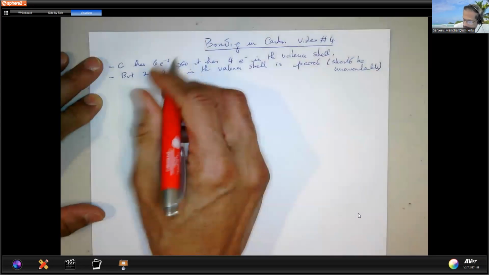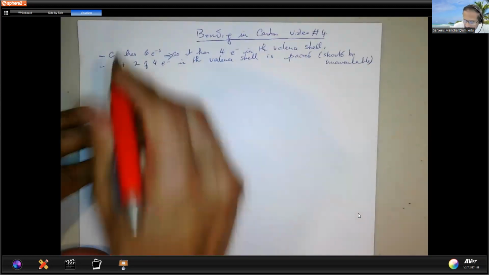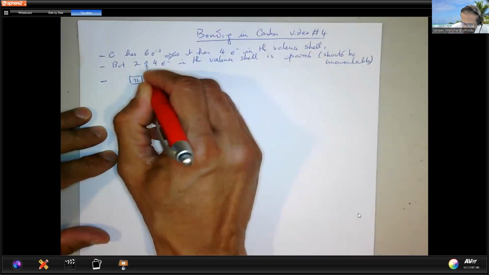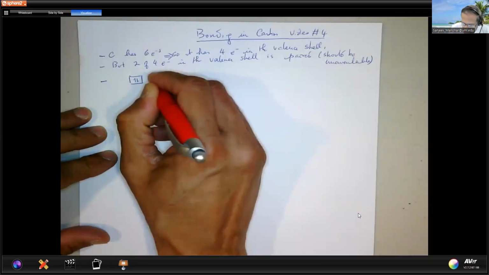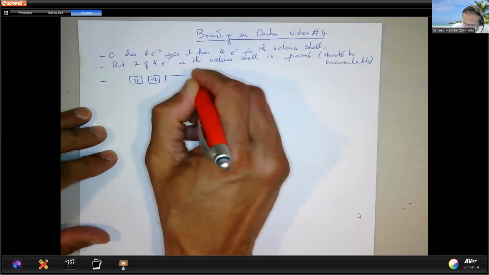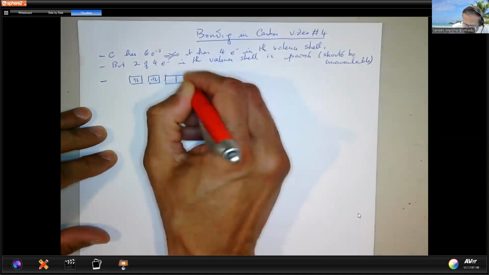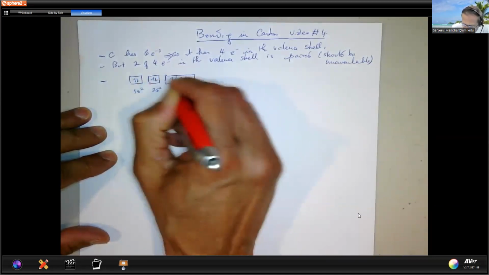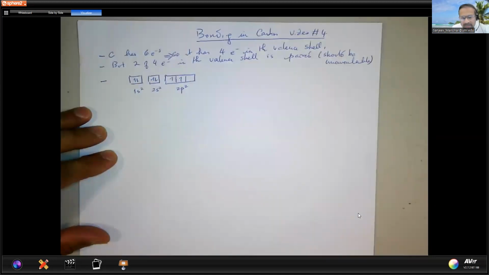In the box notation that we have seen before, you may have seen the box notation. So what's the box notation for carbon? 1s2, 2s2, 2p2, right? That's carbon, right?